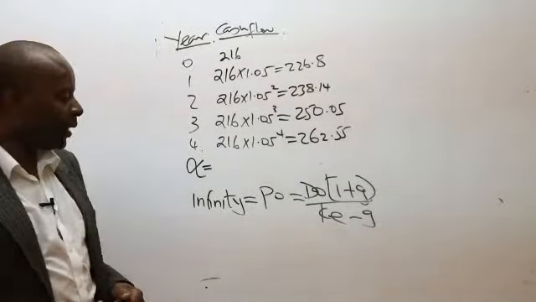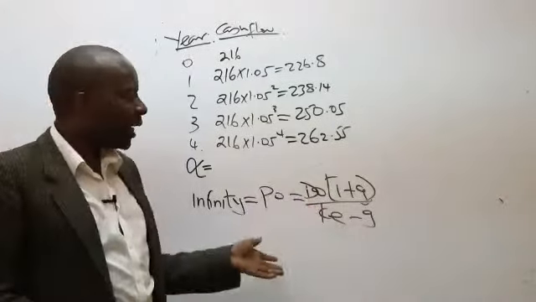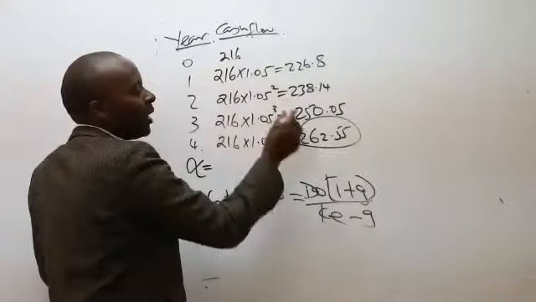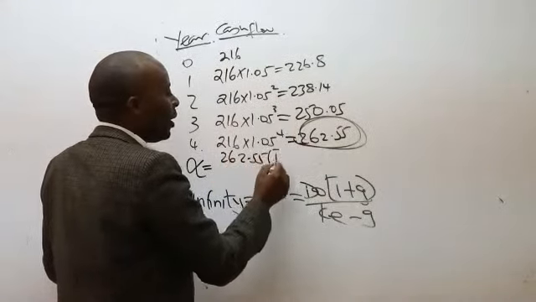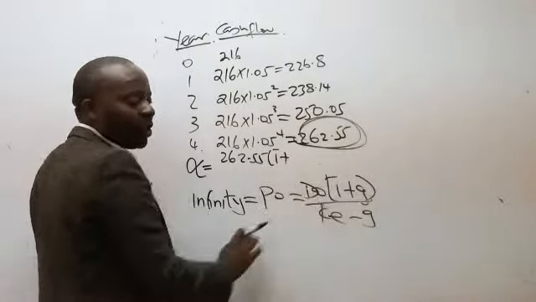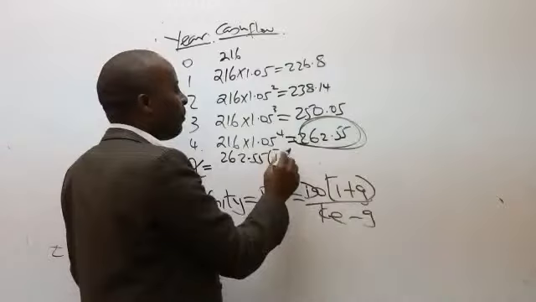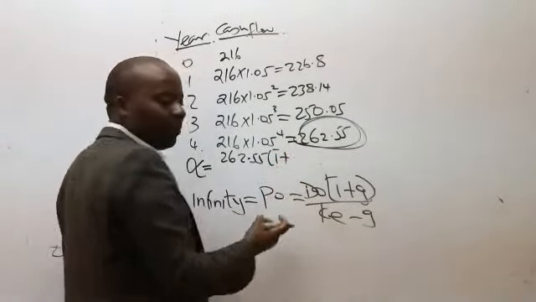So, ladies and gentlemen, remember when we talk of D0, this is the most current dividend. Please never go back to this. The most current dividend is 262.55 into 1 plus the perpetual growth rate. Perpetual growth rate, what did you say it is?